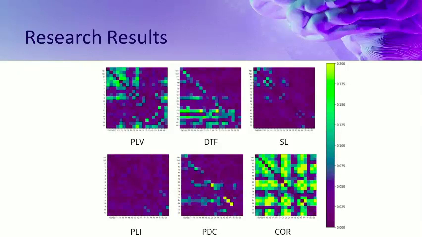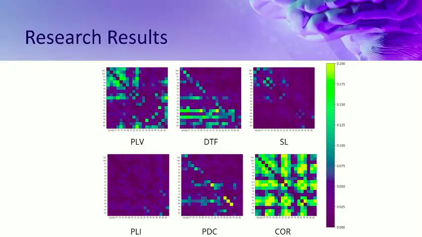In this image, we have 14 healthy patients and 14 schizophrenic patients. We average all the matrices of healthy patients and of schizophrenic patients, and then take a difference of them. This can provide us with insights into the degree to which each connectivity method helps us distinguish between the two classes.